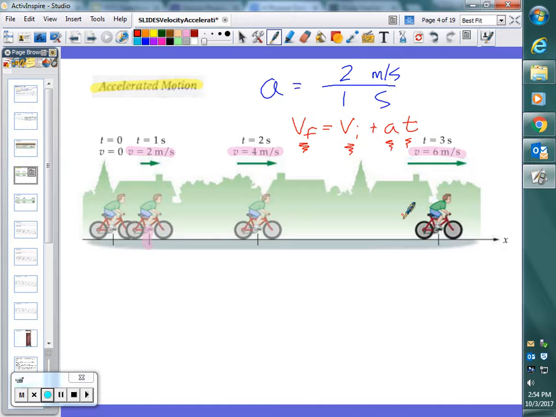If we talk about neat 1 second intervals, it just goes up by the acceleration, but we could figure out how fast this bicycle rider was going at like 4.7 seconds if we wanted to, knowing this relationship. Okay? All right, so that's the first relationship.